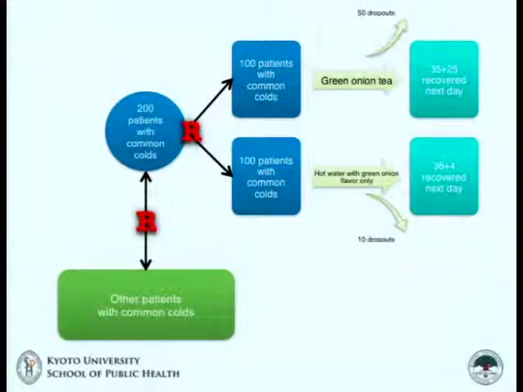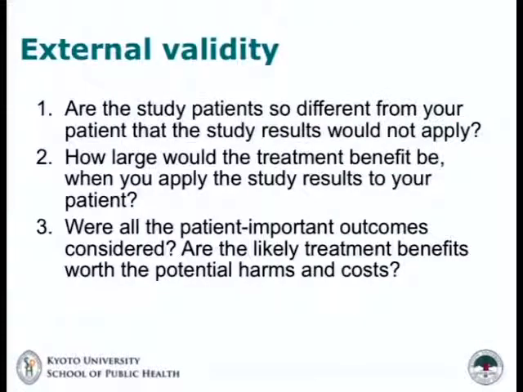However, there is no way we can randomly select patients from among all the current patients in the world or from all the potential future patients into our study. So we need checkpoints to see if reasonable external validity or generalizability can be expected.